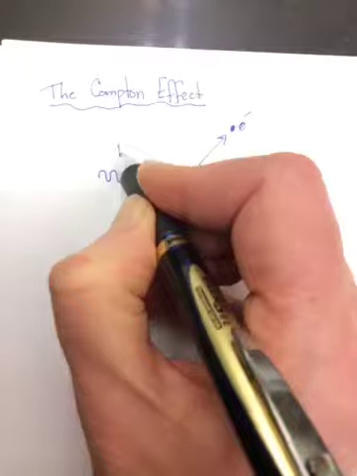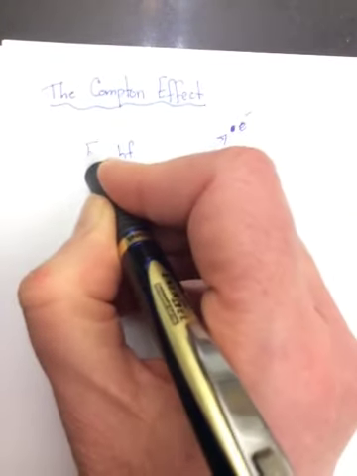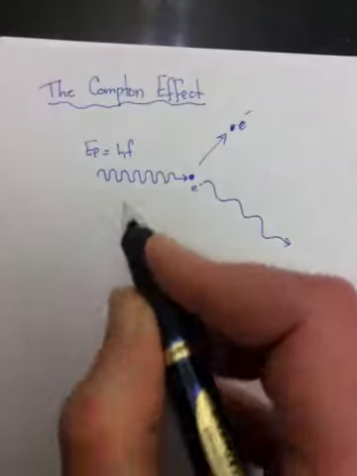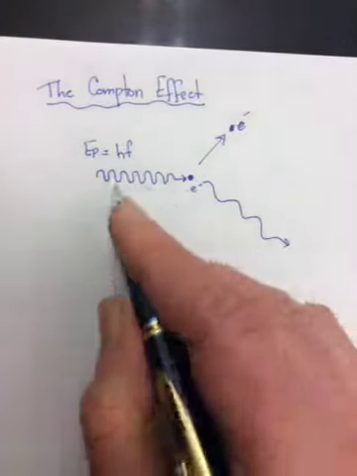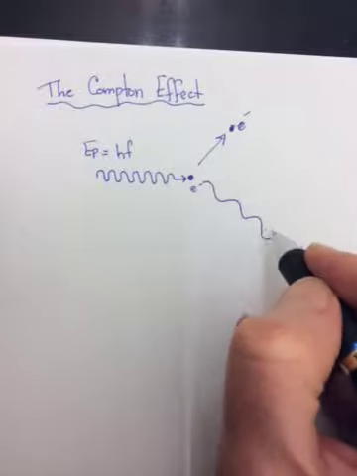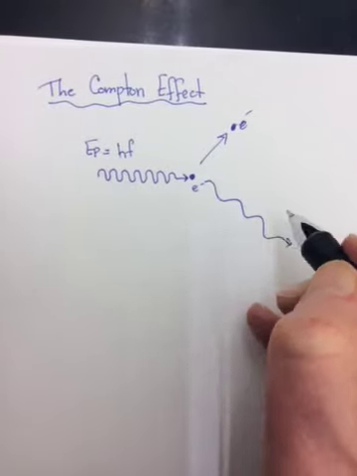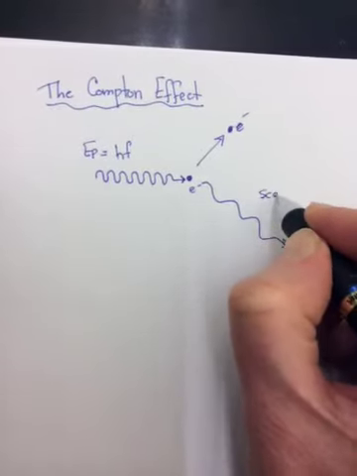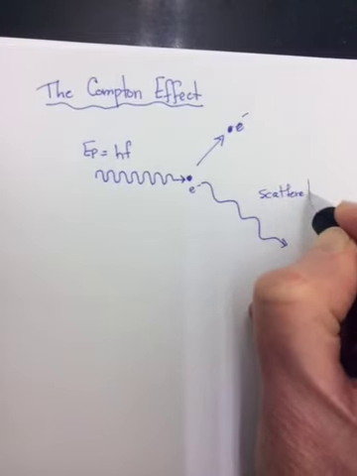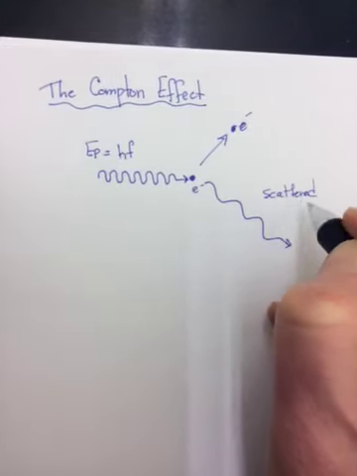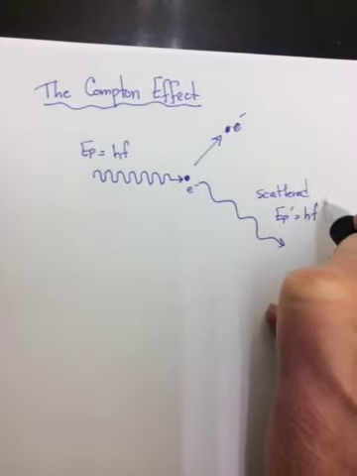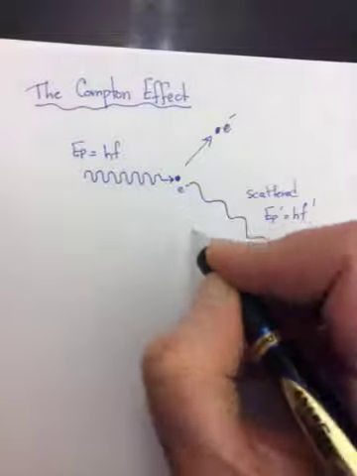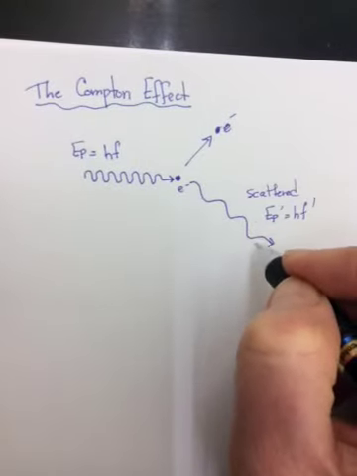So this is a high energy photon, E_p equals hf. It's high frequency, short wavelength, but then the new one that's given off, the scattered photons, have a much lower energy. So it's a different E_p, it equals a different hf, and it's a much tinier hf.